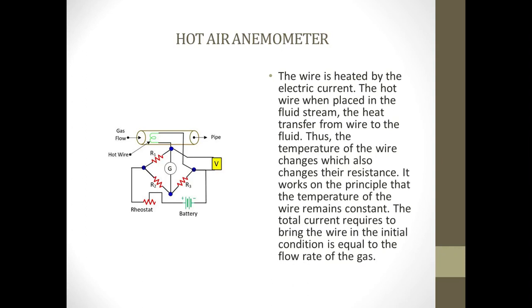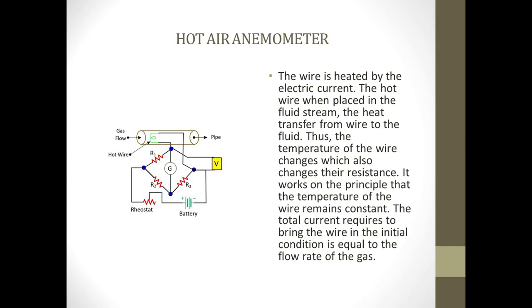Therefore, the resistance of wire becomes a measure of the flow rate. In constant temperature mode, the current through the wire is adjusted to keep the wire temperature, as measured by its resistance, constant. Therefore, the current required to maintain the resistance and hence temperature constant becomes a measure of flow velocity.